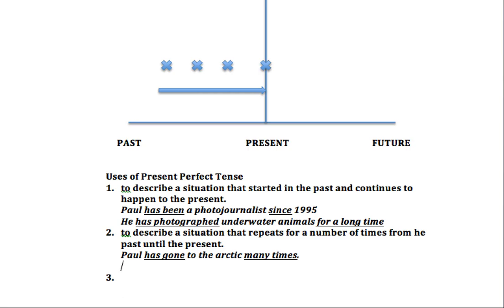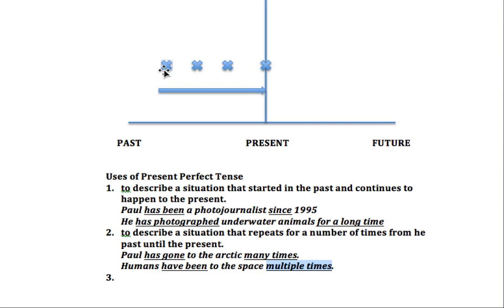Or we can also say humans have been to the space multiple times. So we have been as the present perfect tense and multiple times. That fits whatever we have here in this graph.